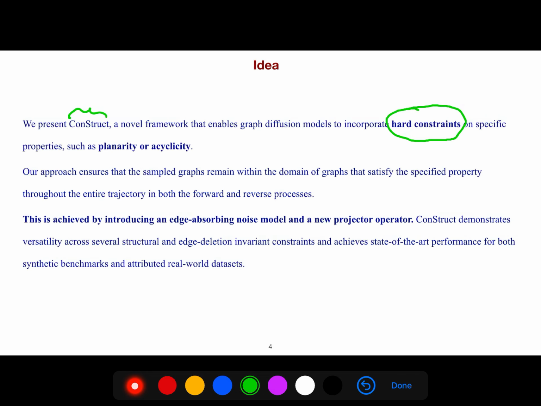This is achieved by introducing an edge-absorbing noise model and a new projector operator. Oh, by the way, in the discrete domain, when we talk about this forward transition, three main ideas come to mind. First is just the uniform transition. So your matrix Q has a particular form that is uniformly distributed among K classes.